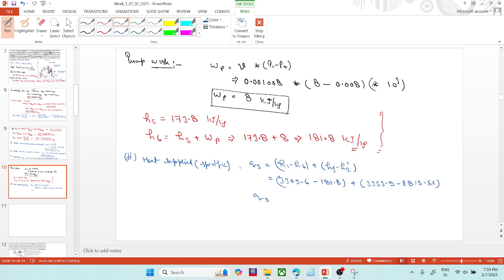So the specific heat supplied in the boiler would be 3706 kilojoule per kg. Okay, this is the heat supplied. Then heat rejected.